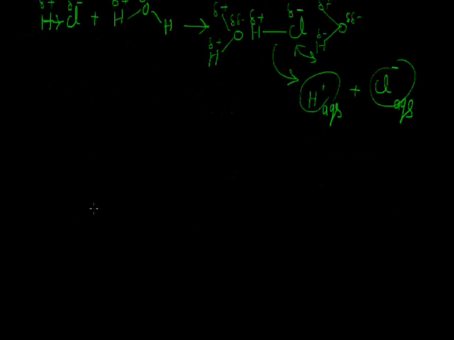Now the next question is question number 9. There are 5 solutions A, B, C, D and E, which when tested with universal indicator have pH 4, 1, 11, 7 and 9.